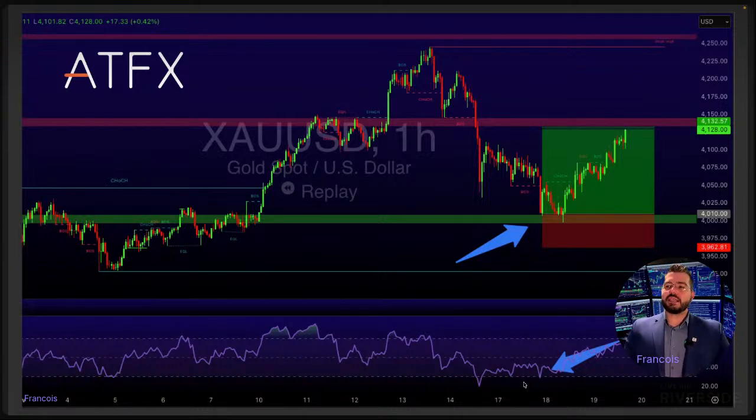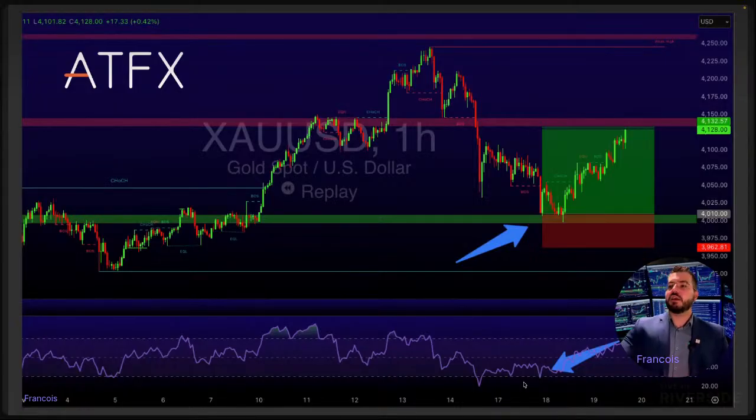So what is the second way that we can utilize the RSI with price action? This is when we see divergence at specific liquidity levels. Now, what does divergence mean?